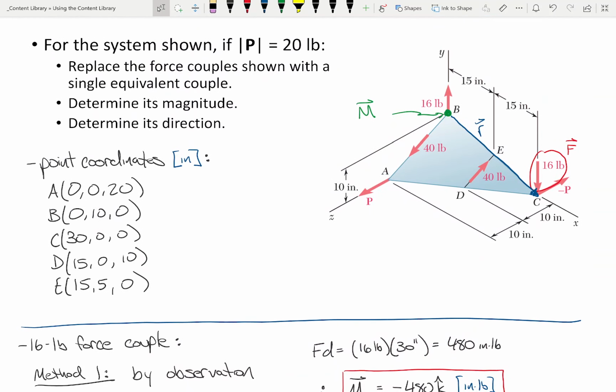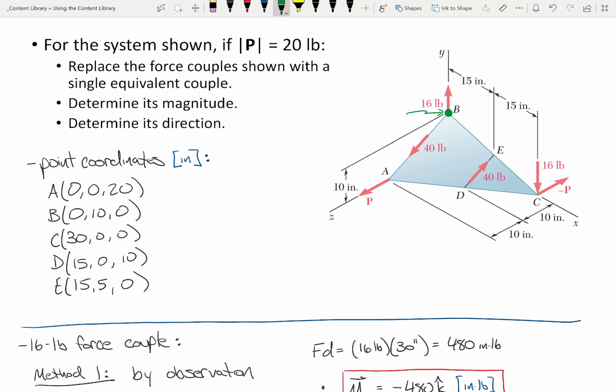So let's go back to here. All right. So I'm proposing that with this approach, with taking a cross product. This is the x-axis, y-axis, z-axis. So this is positive x, positive y, positive z. If you want to take a cross product with a force couple, what you need to do is pick one as your frame of reference and look at the other one. So what I did is I chose, so I'm going to sum moments about that point.